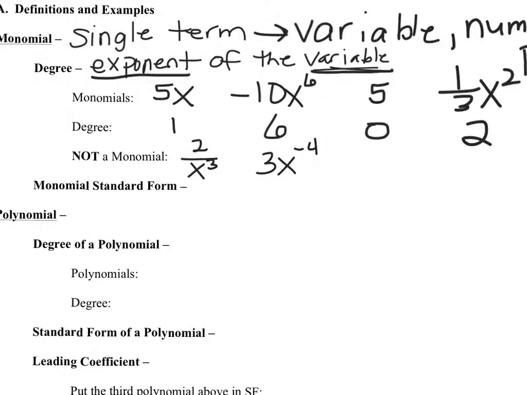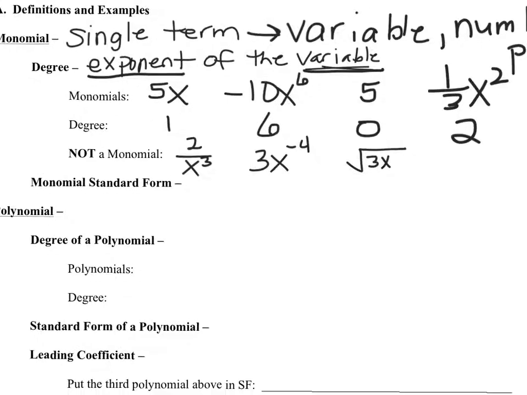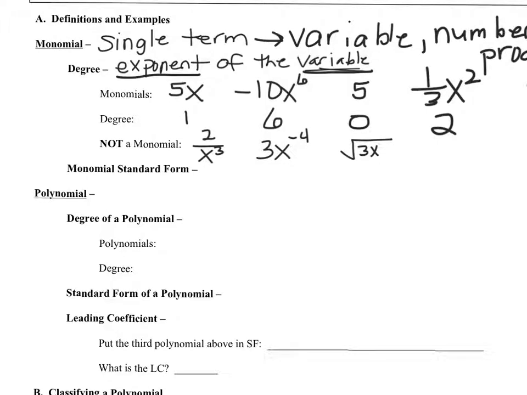We can't have negative exponents. Something like this, the square root of 3x is not a monomial. Okay, we can't have square roots with x in it. Those are not monomials.